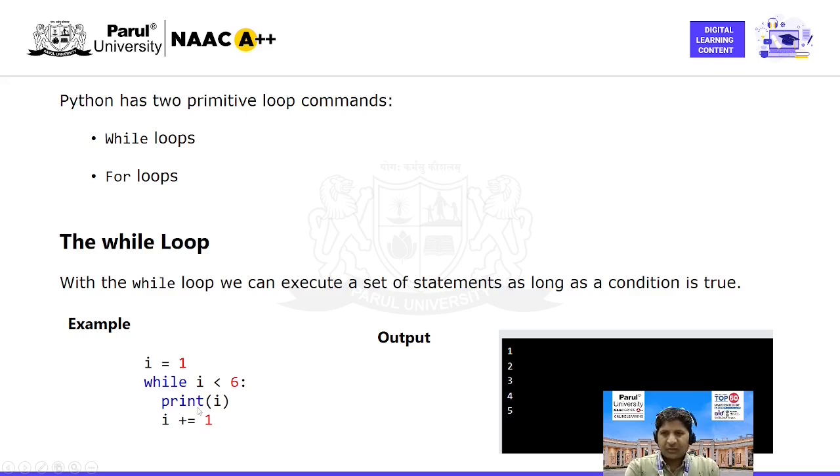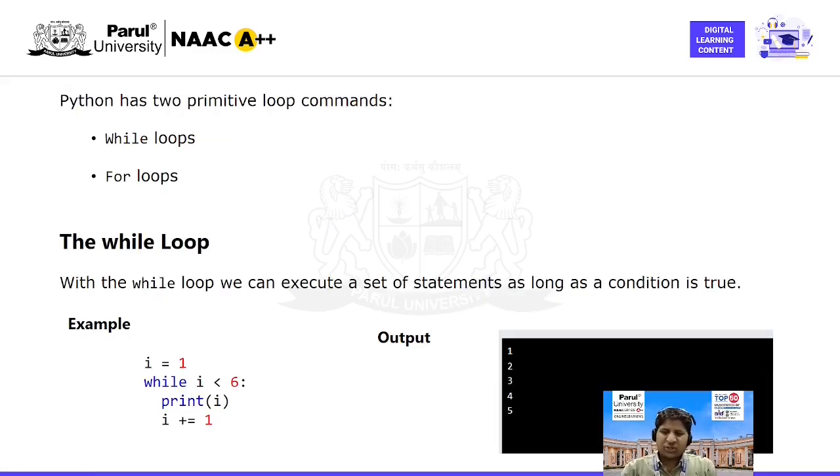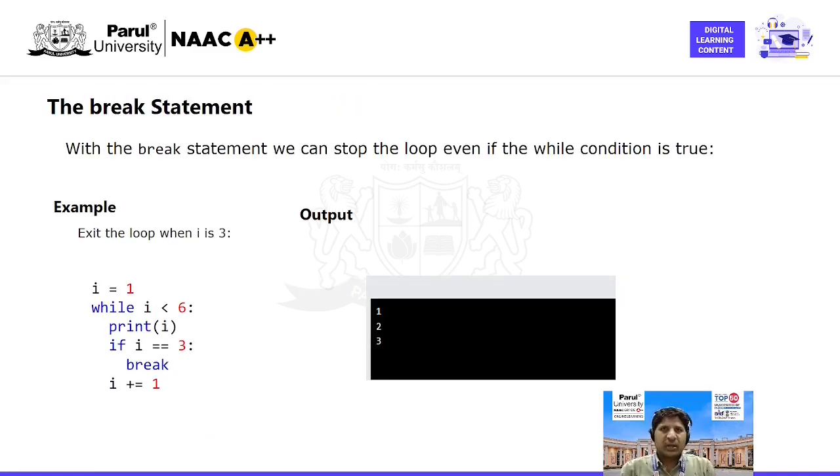Getting it? Now, the break statement. Suppose in some situation your loop goes from 1 to 6, but you want to break in between the loop statement. Once you set I equal to 1 and I is less than 6, as we already saw in the previous example, your loop will be executed 5 times.